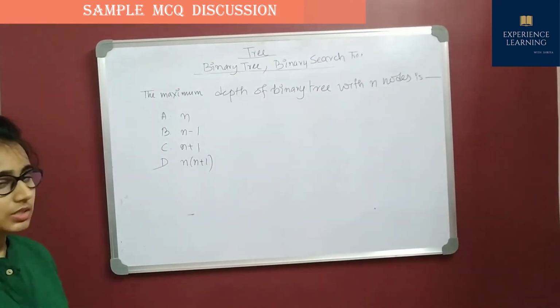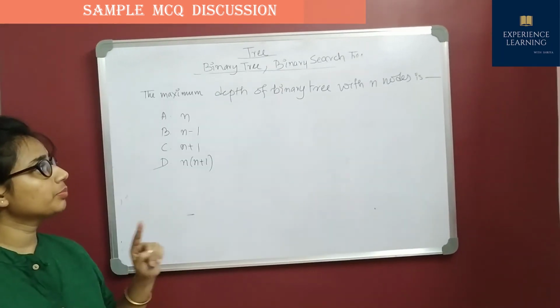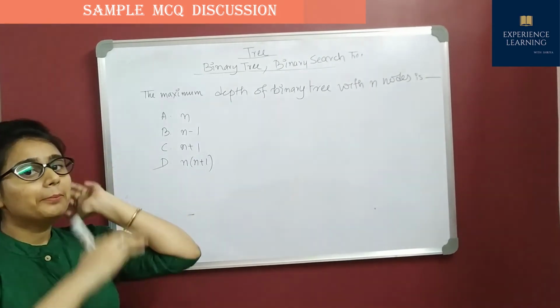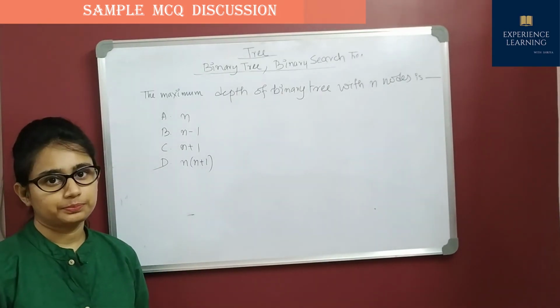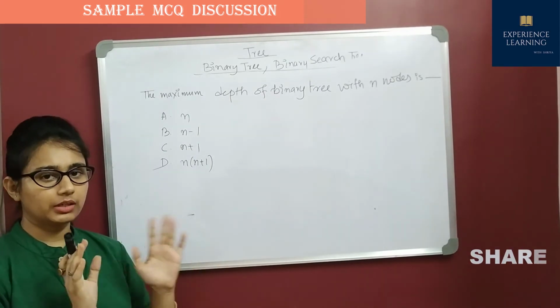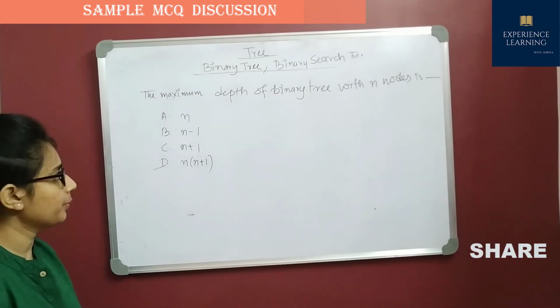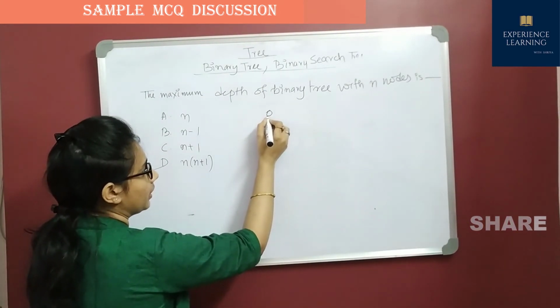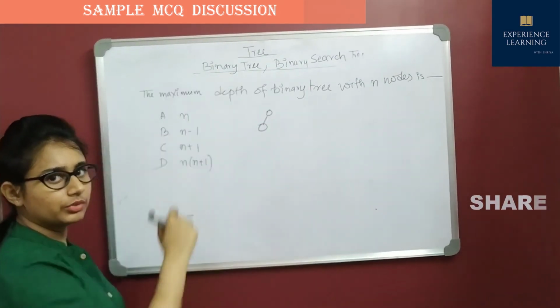Okay, this question is about the maximum depth of a binary tree with n nodes. What will be the maximum depth? Depth or height is the same. Remember that depth and height are the same. We know that, what is the height of this tree?